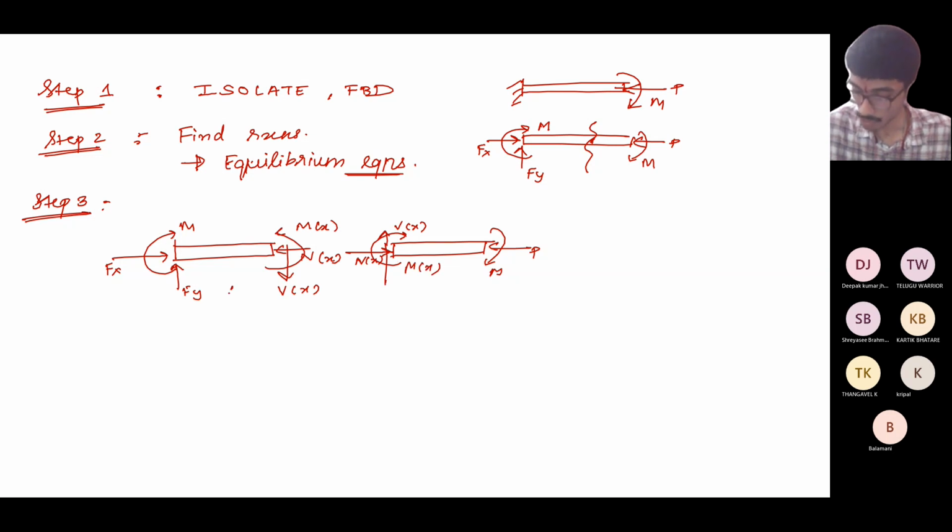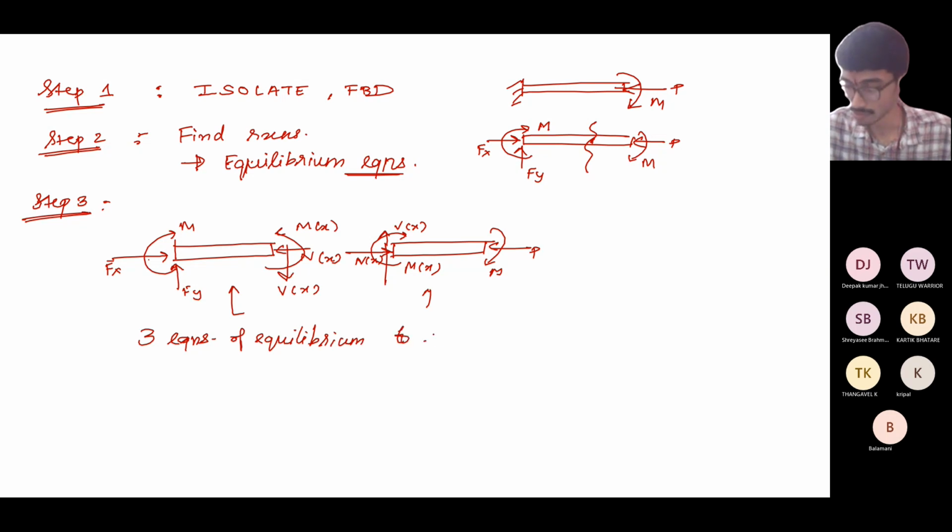Now take either of the two. Once you have determined the reactions, everything else is known except for these three unknowns. So enforce the three equations of equilibrium to either of those.